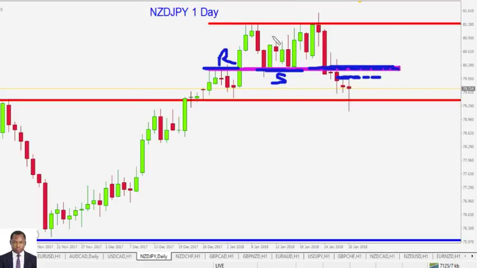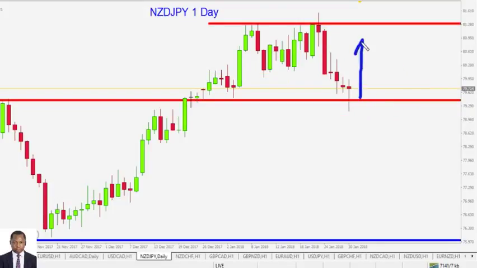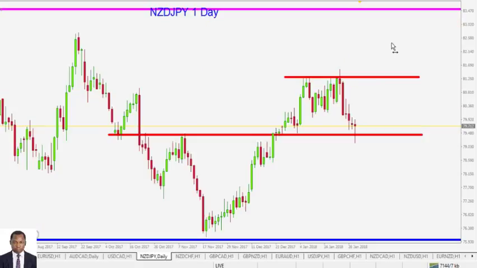So for the New Zealand dollar against the Japanese yen, although price is giving us a hint of the next directional bias as being to the upside in daily time frame, because we are finding some problematic levels around here, we are not going to take that trade. Okay, if you must trade this pair, then look for a buy opportunity for tomorrow. Okay, so that is it.